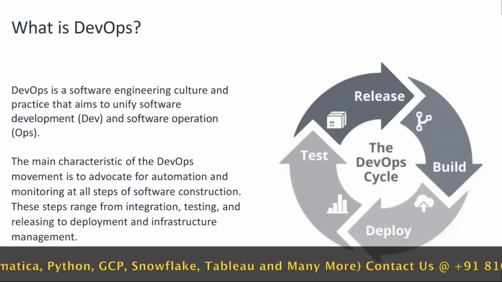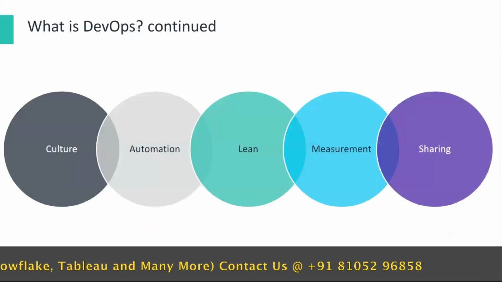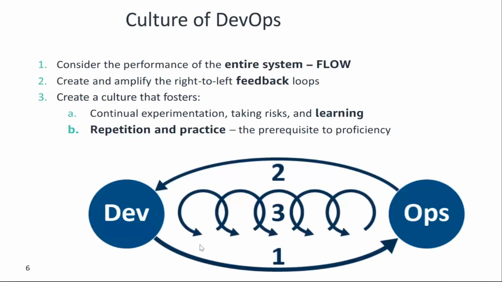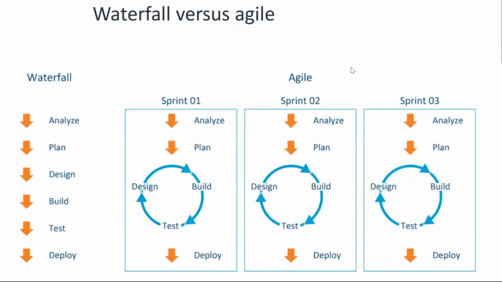So in simple terms, it is culture, automation, measuring, and sharing. This is mainly about the culture of DevOps, how exactly it is happening, so continuous development and operations.